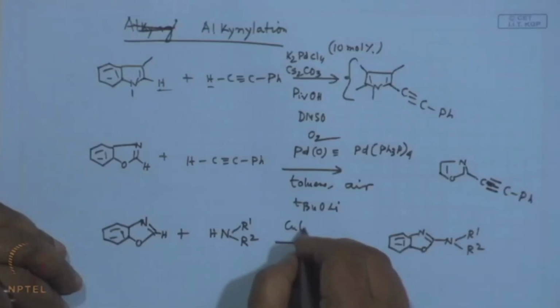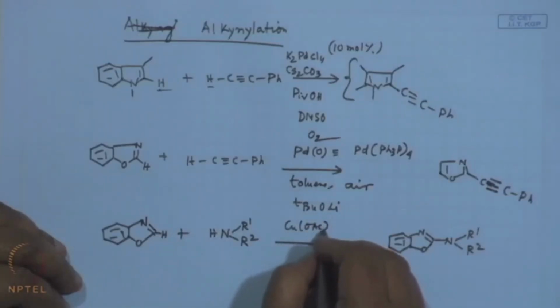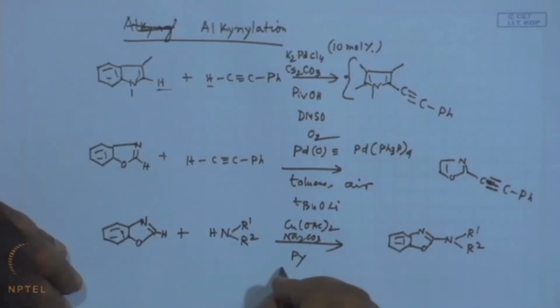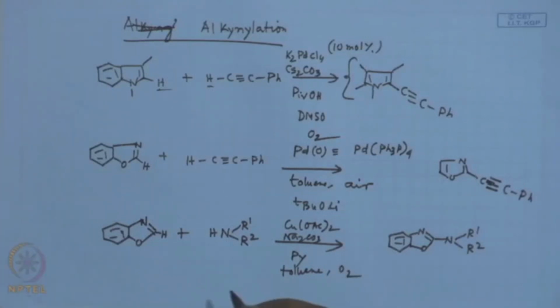You can just directly functionalize, and the catalyst normally, you have seen, with oxygen. In this case also it is cupric acetate, sodium carbonate, then another combination is pyridine, toluene, all kinds of things. Okay. And of course, oxygen is there, mind it.